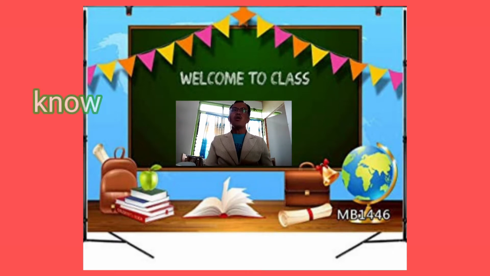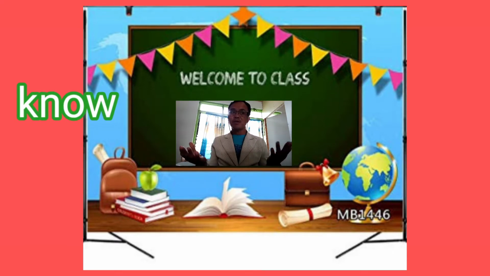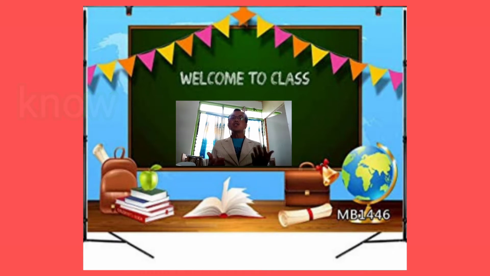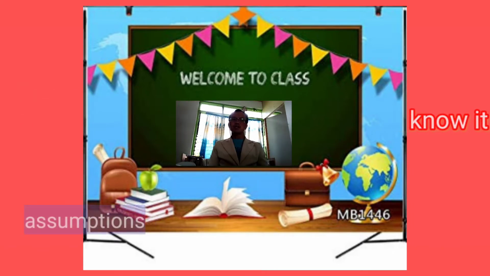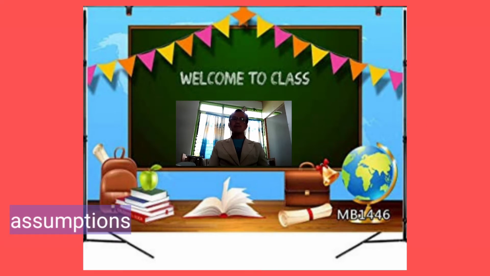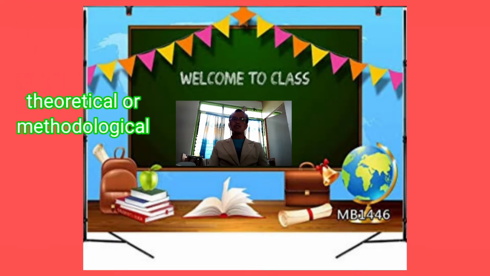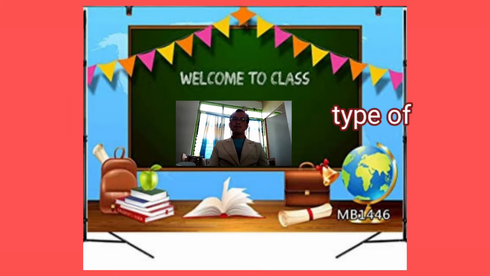One, what do you want to know? Two, why do I want to know it? Three, what assumptions am I making about research and knowledge, or what are the theoretical and methodological positions? Four, what type of data best answers this question?